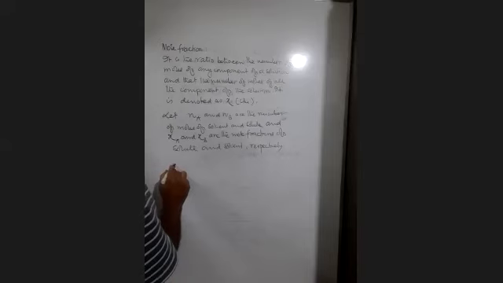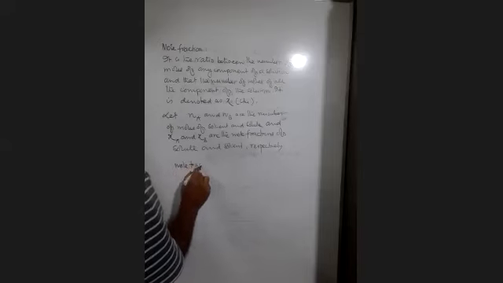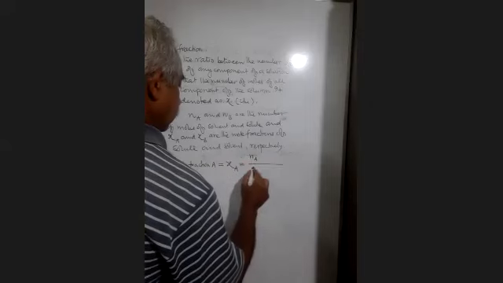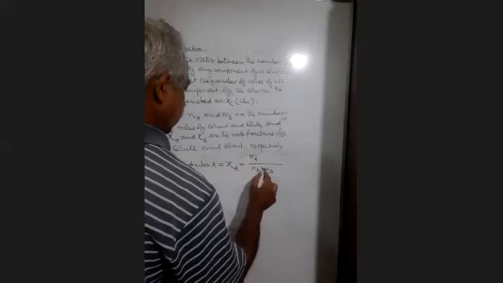So therefore, what should I write here now? Mole fraction of A, means solvent, is equal to what? Chi A. So it will be NA by NA plus NB.